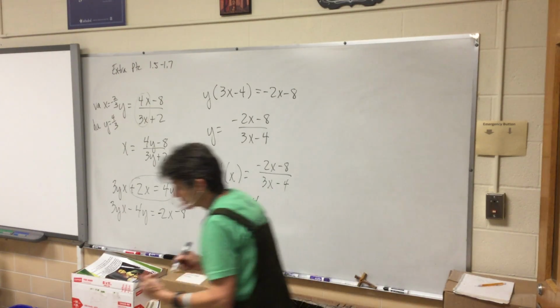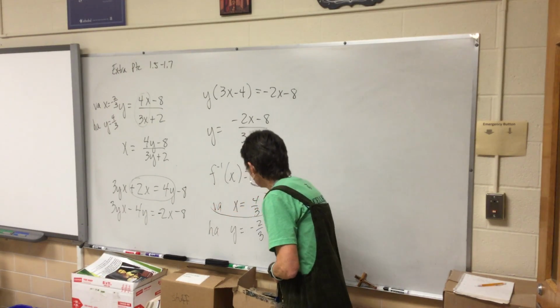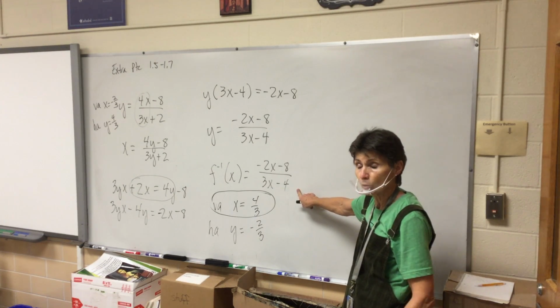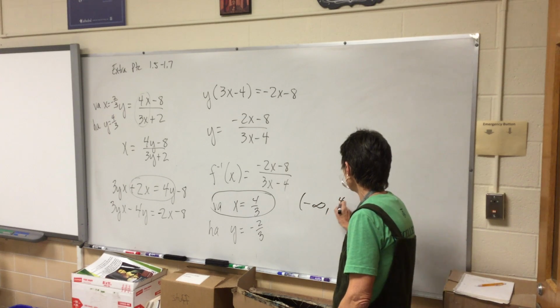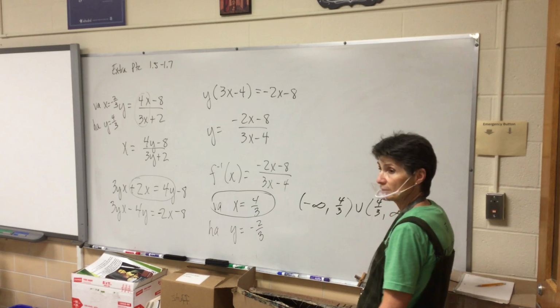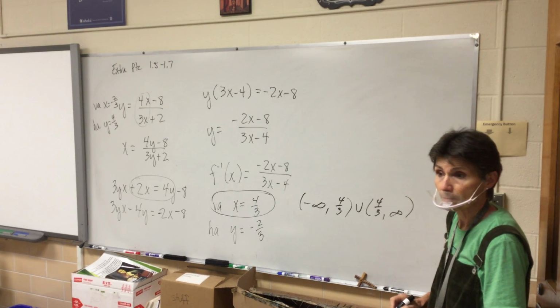So now the question says, what is the domain of the inverse? Well, the inverse has a vertical asymptote at 4/3, so its domain would be negative infinity to 4/3 and 4/3 to infinity, wouldn't it? Everything except 4/3.